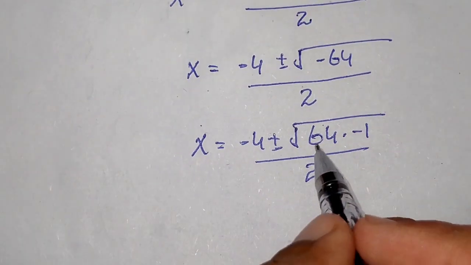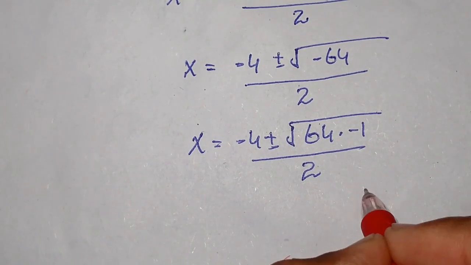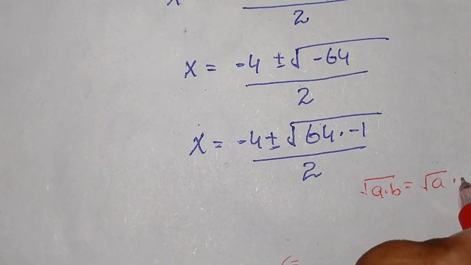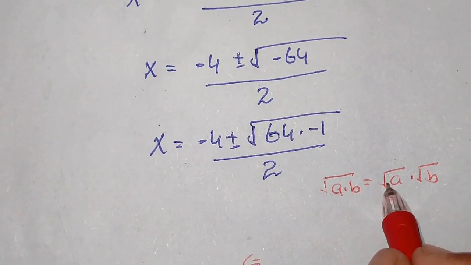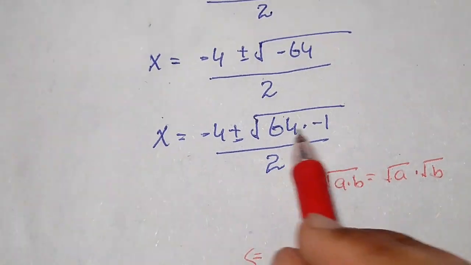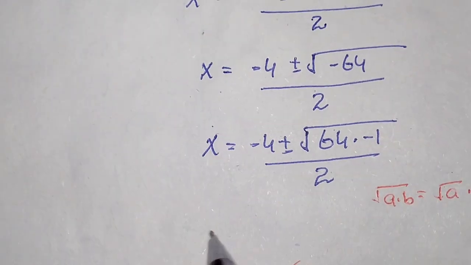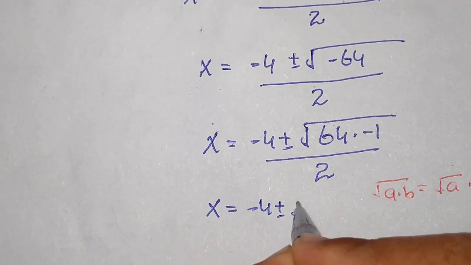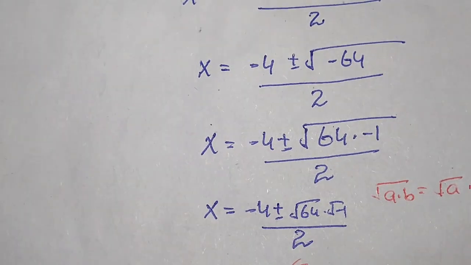We know that square root of a times b is equal to square root of a times square root of b. So applying this condition, x is equal to minus 4 plus minus square root of 64 times square root of minus 1 over 2.